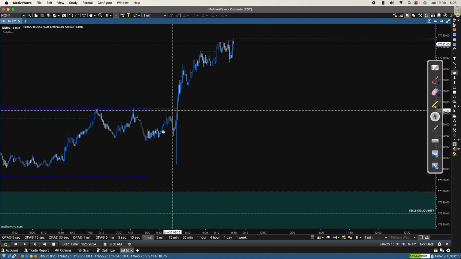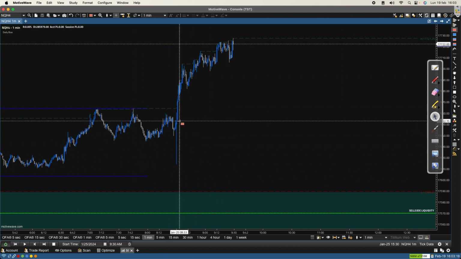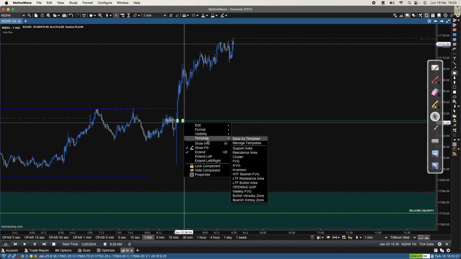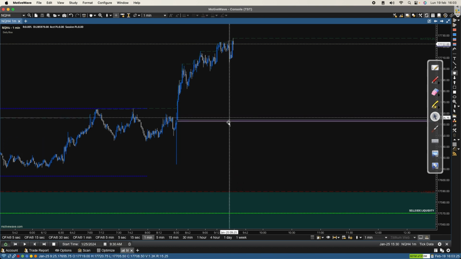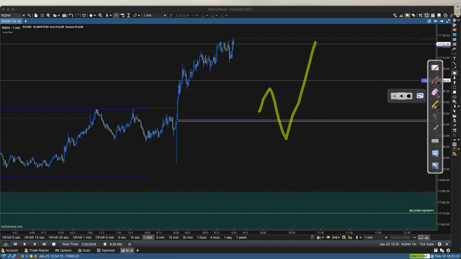This is a strong news move, and we have a volume imbalance here. Okay, and this is basically a level that price tends to retest. What I told you before is I only look for supply and demand zones with a clear manipulation.